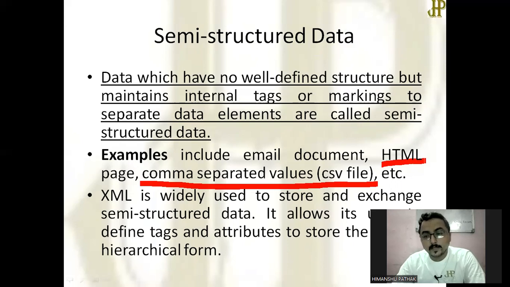Whenever you create an HTML page, some terminology or some syntax are predefined. It means it is structured, but some information are put in a different way that cannot be defined. So that are unstructured format.